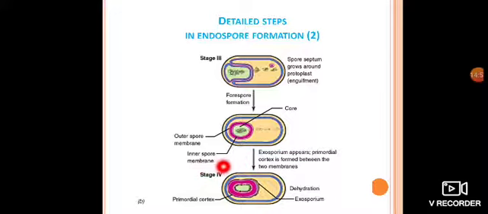Now in stage number 5 we can observe that the pink layer becomes denser and dehydrated, meaning it does not have a watery amount, so it becomes an exosporium. It is observed because the spore is more dormant in nature. Those things are observed in stage number 5.